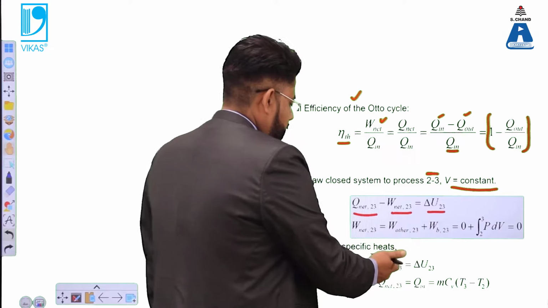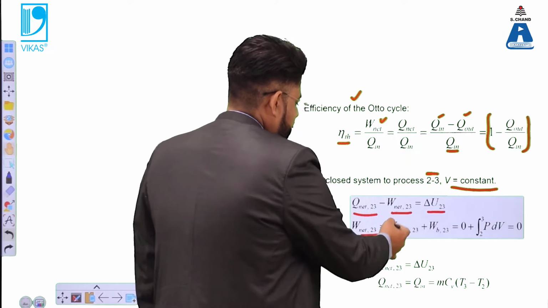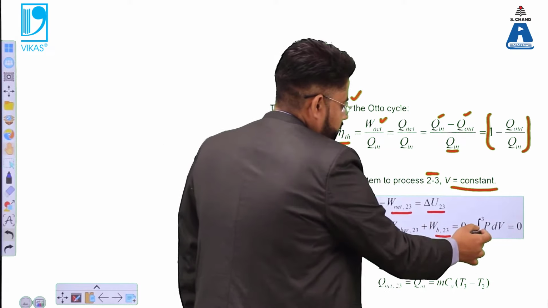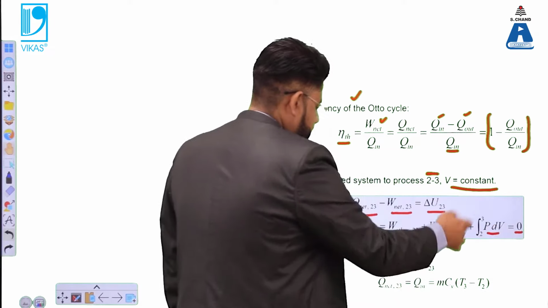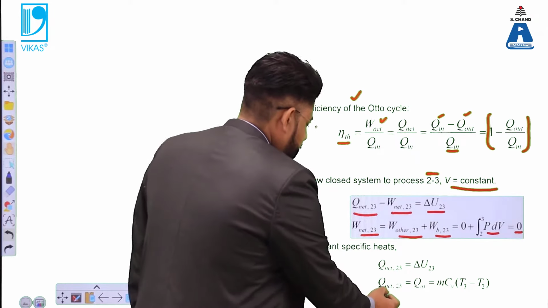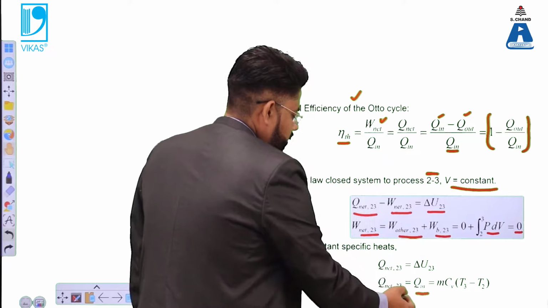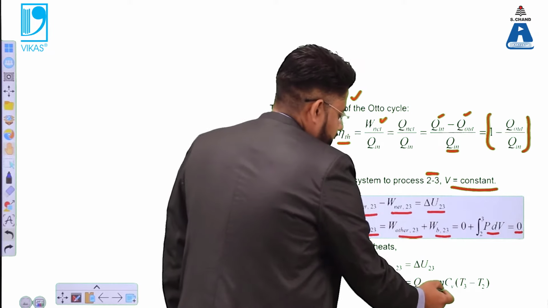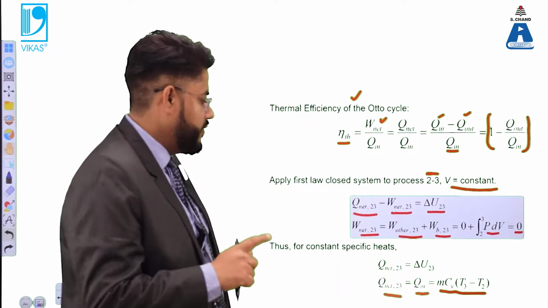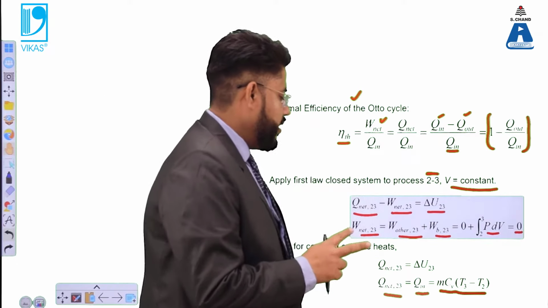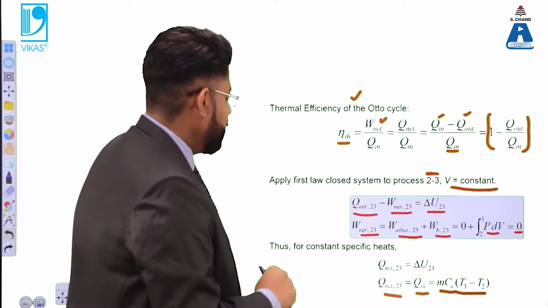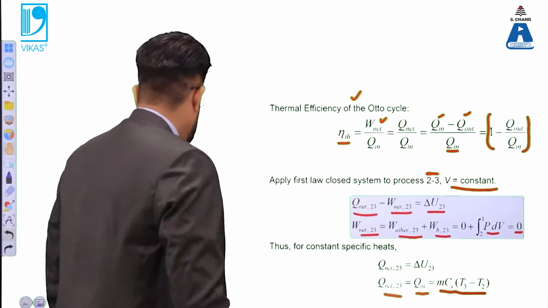So on substituting the values or finding out this W net, we have W other and WB values, and that indicates it is 0. So when we substitute this 0, we get Q net equal to the Q input that we are supplying, that is m C delta T, and we have two temperatures involved, T3 and T2 here. So T3 minus T2 multiplied by m and CV would be specifically concerned with the input portion.